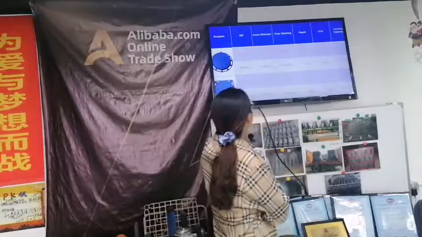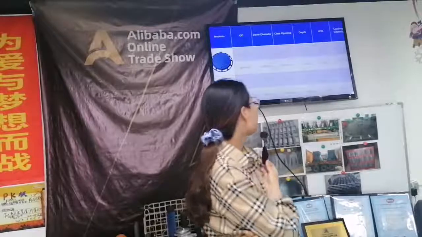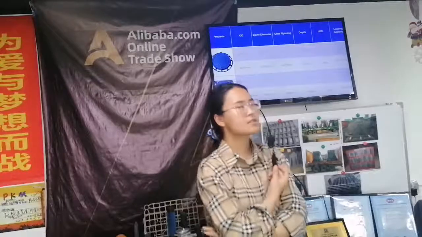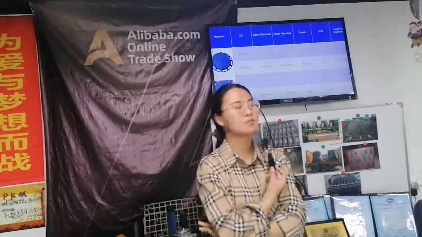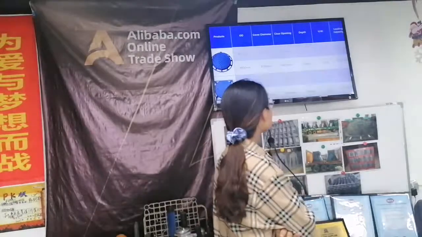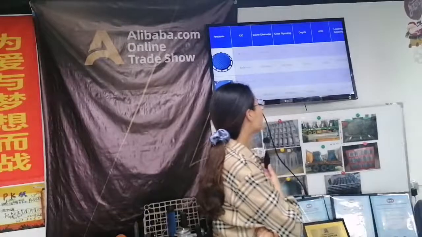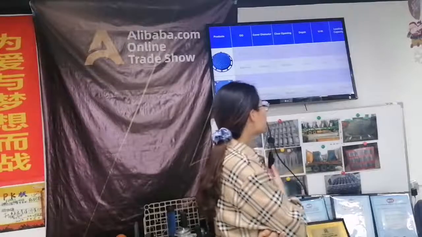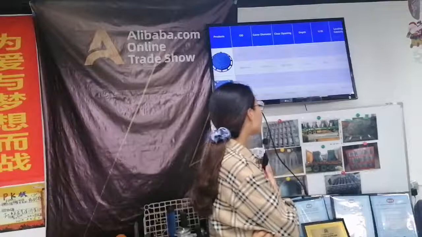For this one, the outer diameter is 750 millimeter. The cover diameter is 635 millimeter. The clear opening is 600 millimeter, and the depth for this one is 80 millimeter. The unit weight is about 55 kilogram.